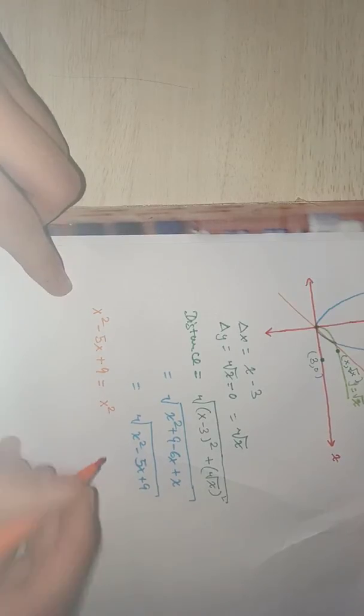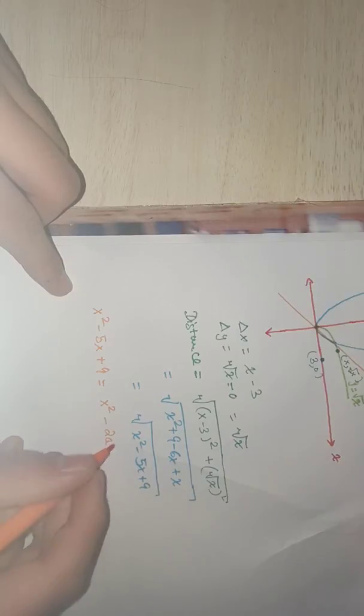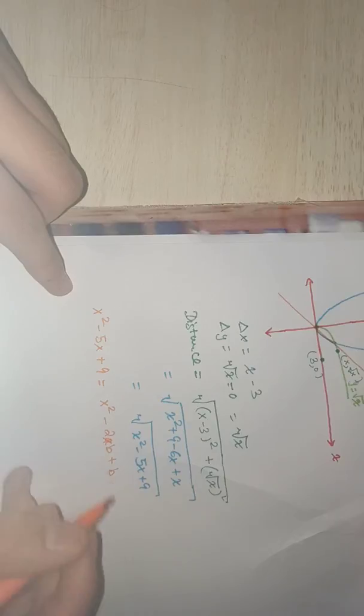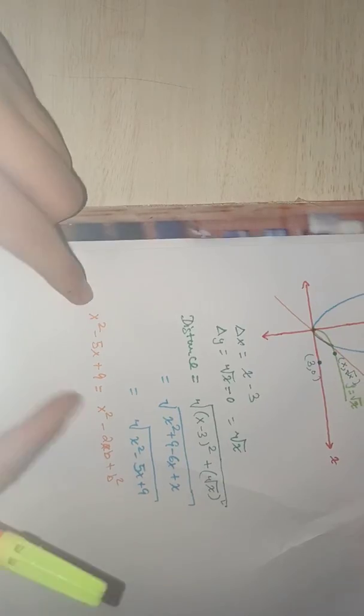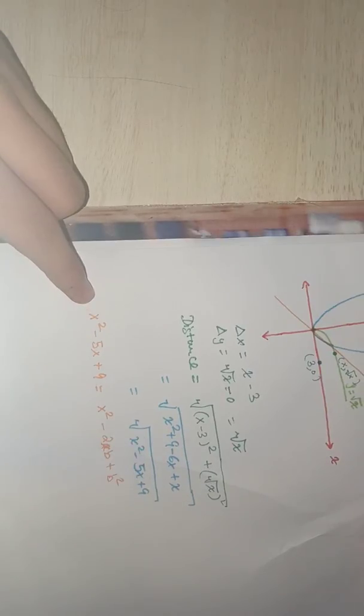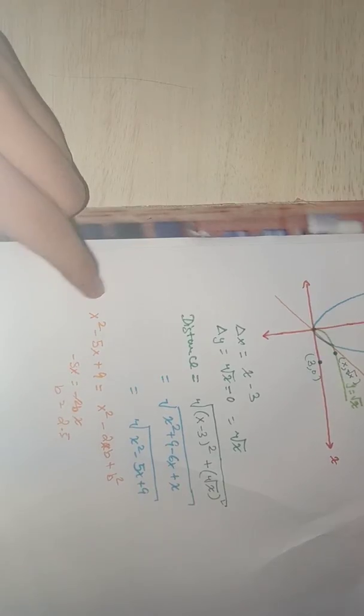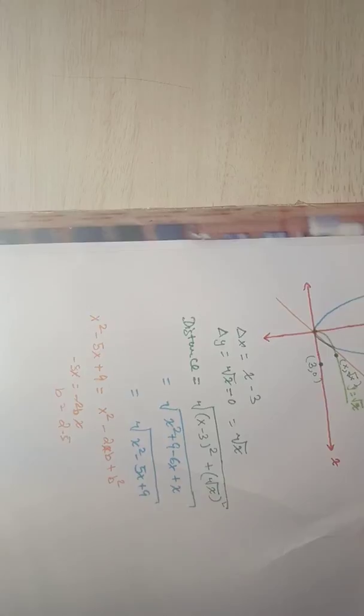So x squared minus 2xb plus b squared. I know the x squared, and minus 5x equals minus 2bx, so b is essentially going to be 2.5, right? Now we can complete the square.